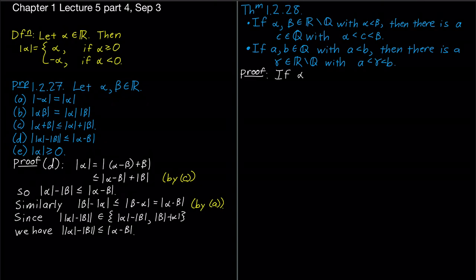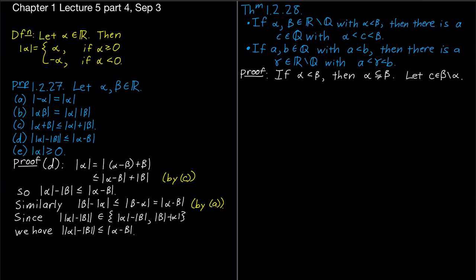So if alpha is less than beta, then alpha is a proper subset of beta, and then you just let C be in beta but not in alpha. There must be such a C, because alpha is not all of beta. C is a rational number by construction.